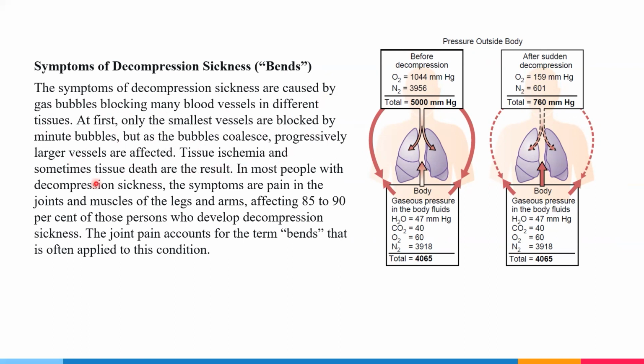Tissue ischemia and sometimes tissue death are the result. In most people with decompression sickness, the symptoms are pain in the joints and muscles of the legs and arms, affecting 85 to 90% of the persons who develop decompression sickness. The joint pain accounts for the term bends that is often applied to this condition.